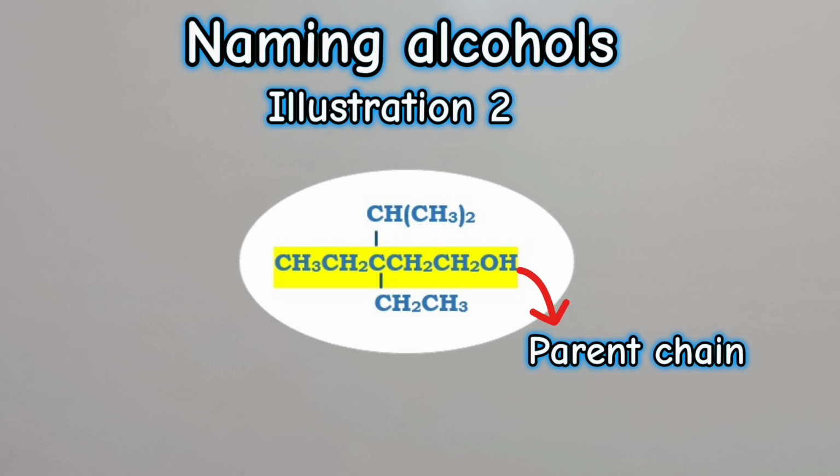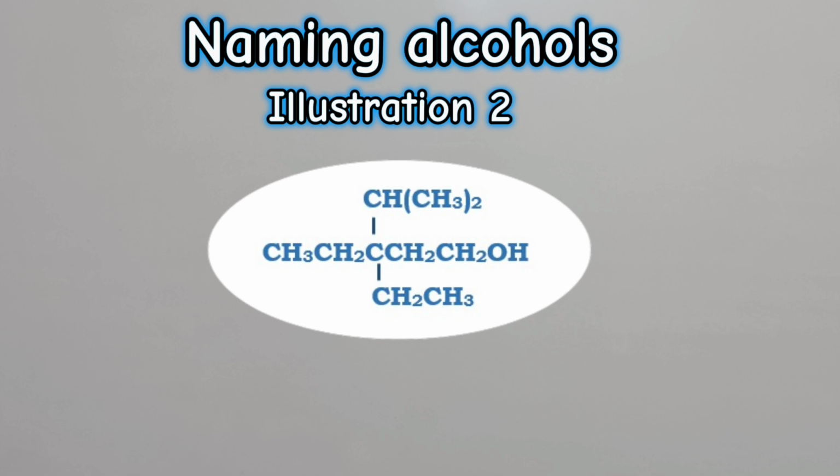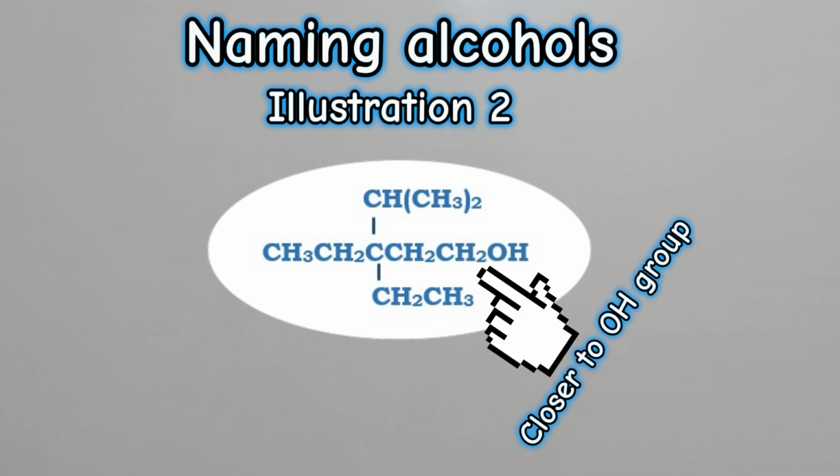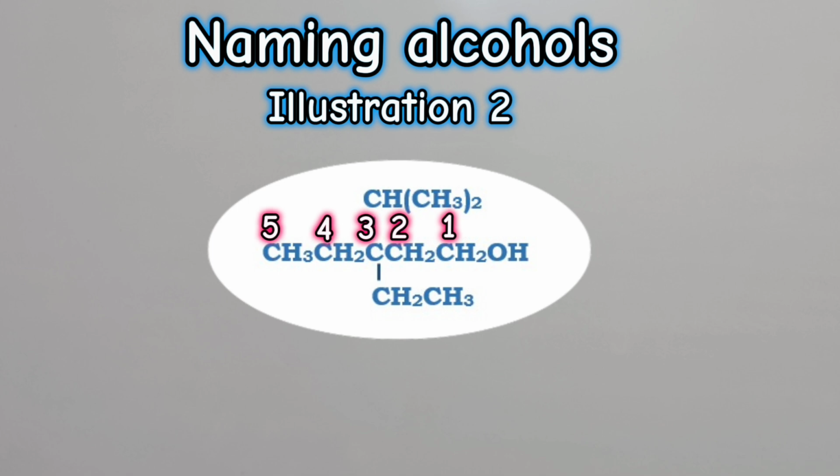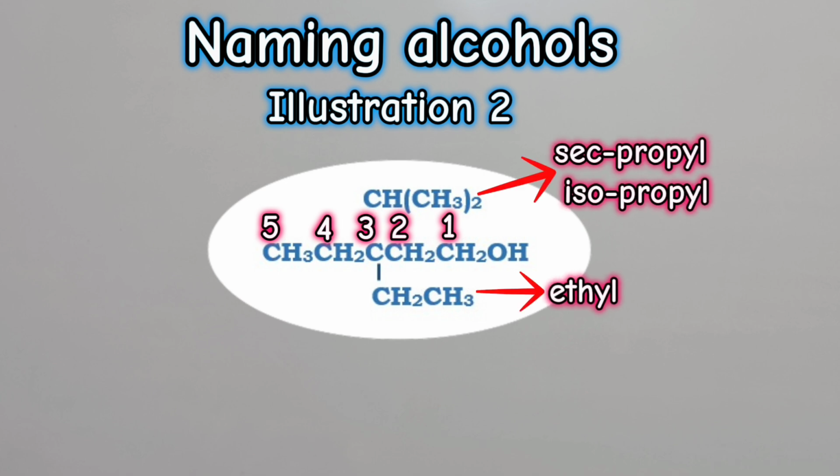Now we are supposed to proceed to the next step, which is assigning numbers to our parent chain, but we should always start from the end of the chain that is closest to the OH group. So starting from the right hand side of the chain, you have seen that the numbers have been assigned to carbon atoms. Now on position 3 of our chain, we do have an ethyl group, but we also have a secondary propyl group.